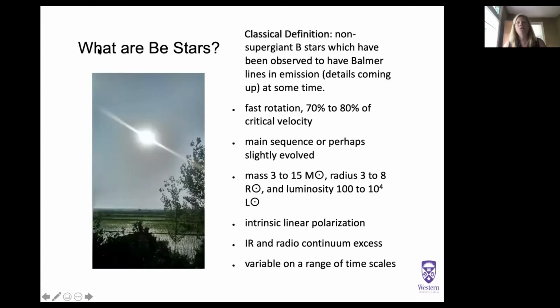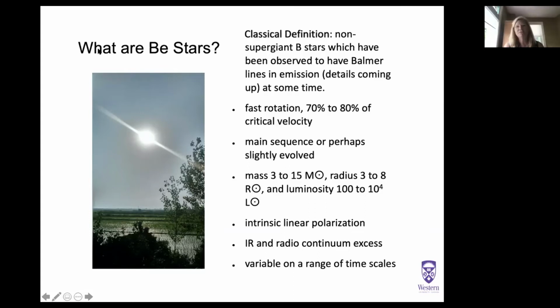Okay, what are BE stars? Well, I think this is a kind of funny photograph. It's just an overexposure. But this maybe looks like what we might see if the sun were a BE star. Of course, it's not quite the right colors. The BE stars should be a little bit bluer. They're hot, except maybe the equatorial region and the disk region, which should be redder.